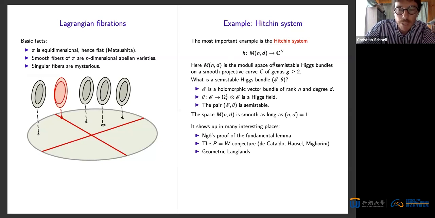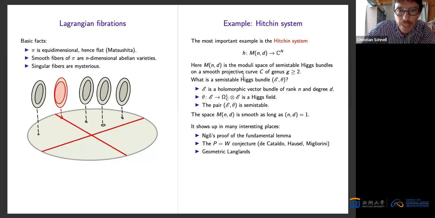So you have a smooth projective curve of some genus at least 2. On this curve, you look at Higgs bundles, which are vector bundles together with a piece of extra data. This space parameterizes all the semi-stable Higgs bundles. Then there's a map to some affine space Cn, and this is the Lagrangian fibration. This map is holomorphic and proper and so on.